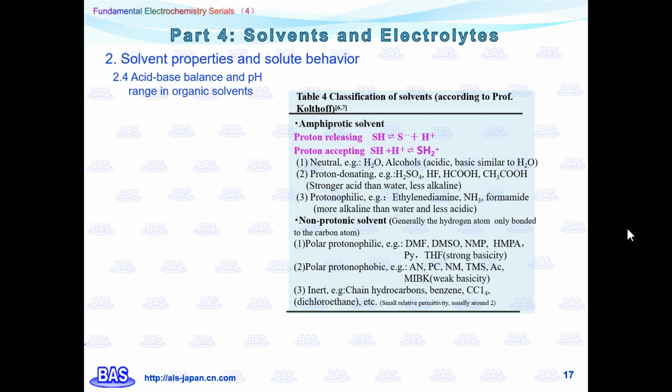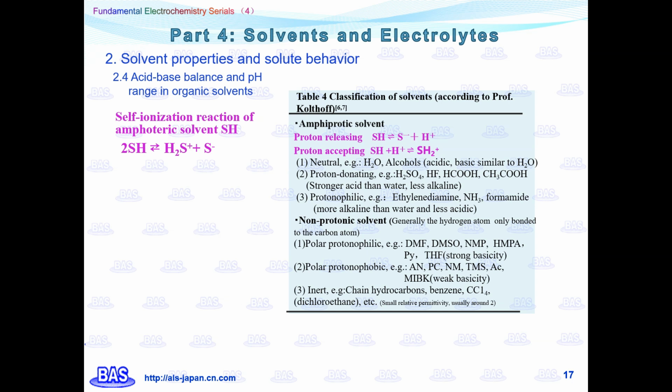In the previous Table 4, the solvents were divided into two main categories, amphoteric and non-protonic. If amphoteric solvents are denoted by SH, the self-ionization reactions that occur can be expressed as follows. Similar to the self-ionization reaction constant Kw of water, the self-ionization constant Ksh, that is, the concentration product of these two ions, can be used to indicate the difficulty of the reaction.